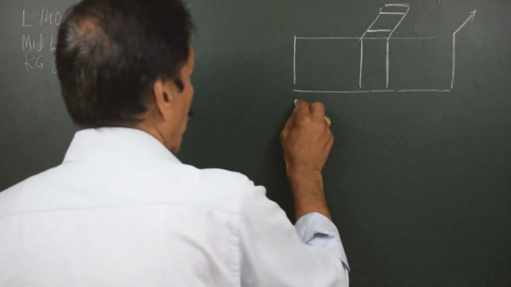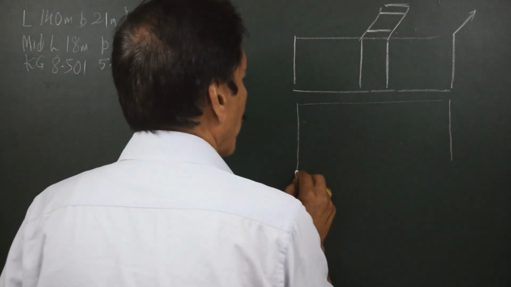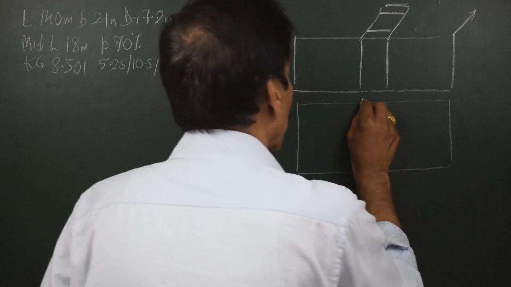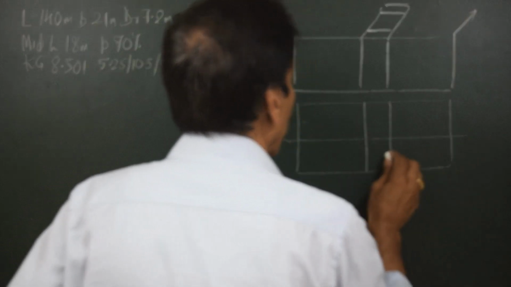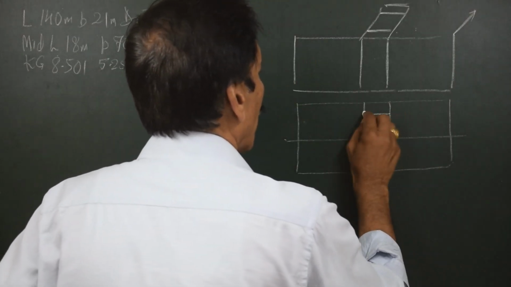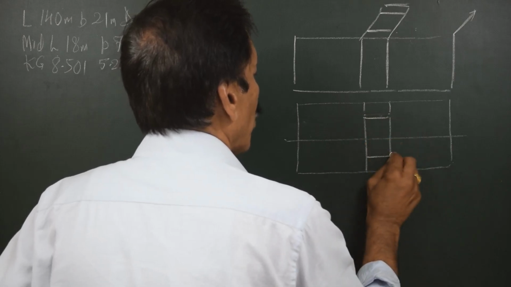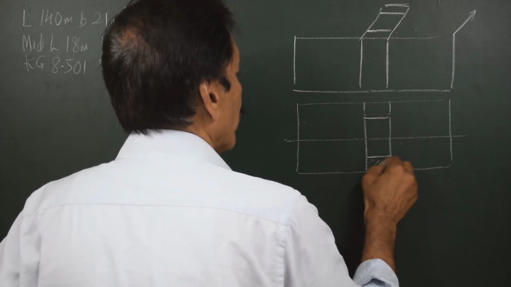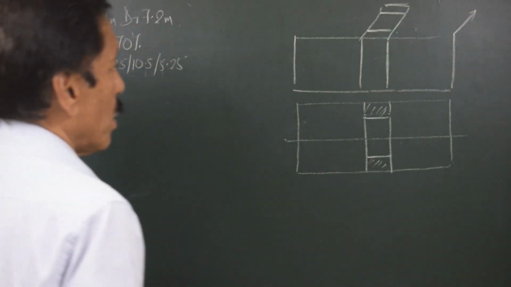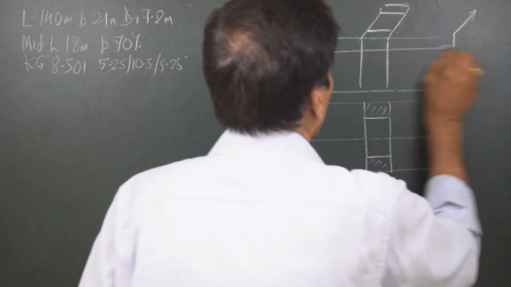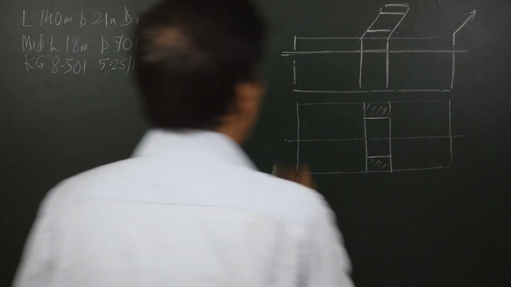Or if we look at the plan view, here is the midship compartment, and this is the center line of the ship, and you have a compartment of width 5.25 here and 5.25 here. This is the damaged compartment. The initial draft is 7.2 meters.